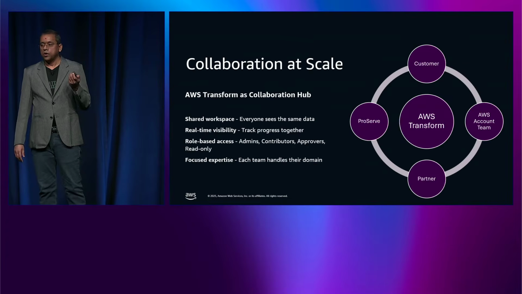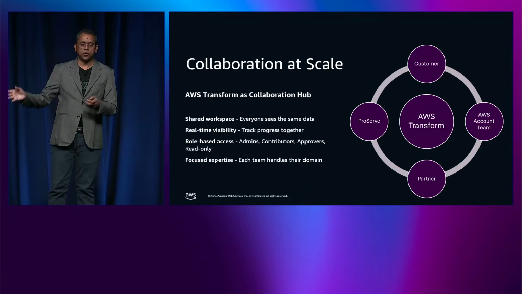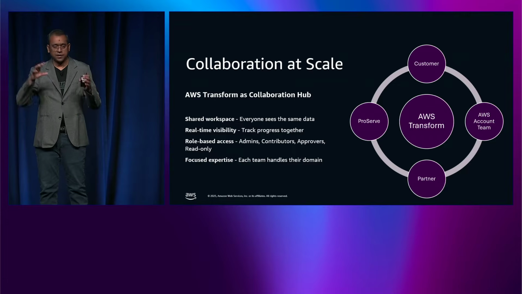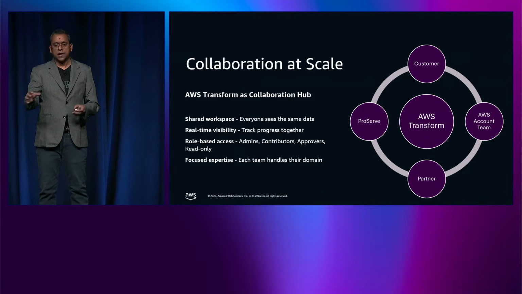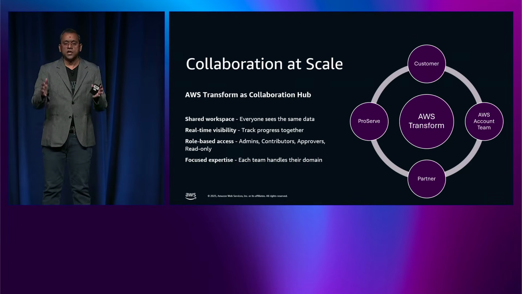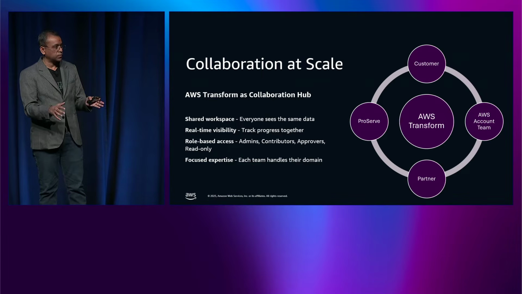So when we started looking at the scenarios that Sean described, a partner coming in, AWS ProServe, customer together, we wanted to bring that into AWS Transform, where there is one shared workspace in which everybody is collaborating. So there is a single source of truth.